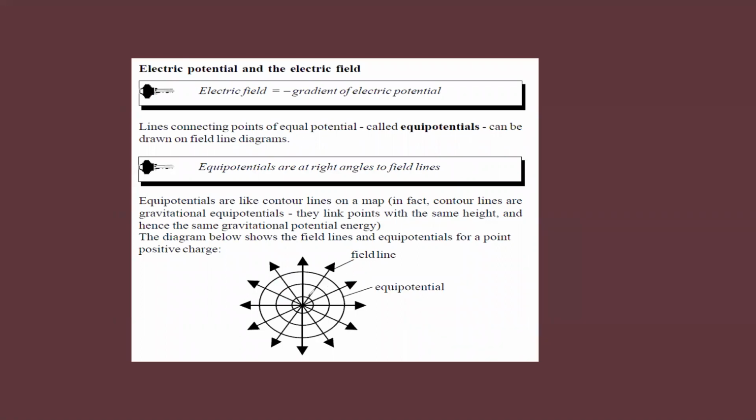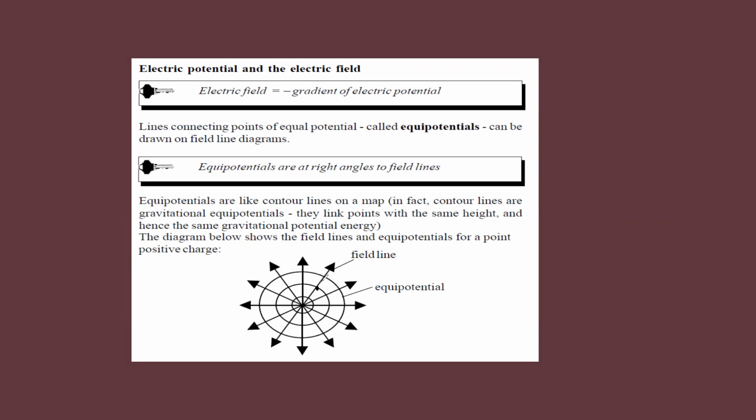For example, if a charge is at point A and we did work of say 30 joules, these surfaces represent the equipotential, meaning the same potential difference between them.